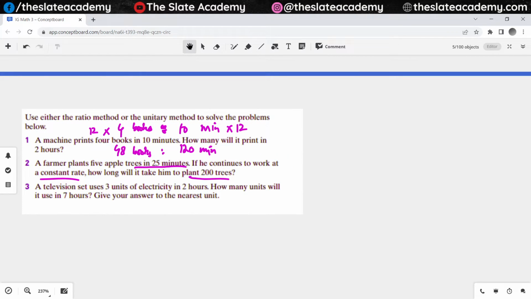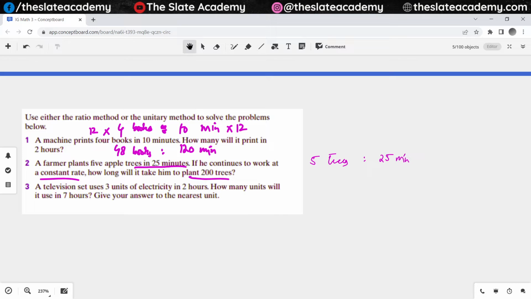5 apple trees in 25 minutes. So the ratio is 5 trees ratio 25 minutes. So I have to get it for 200 trees. What do I multiply 5 with so that it becomes 200? 5 into 40.